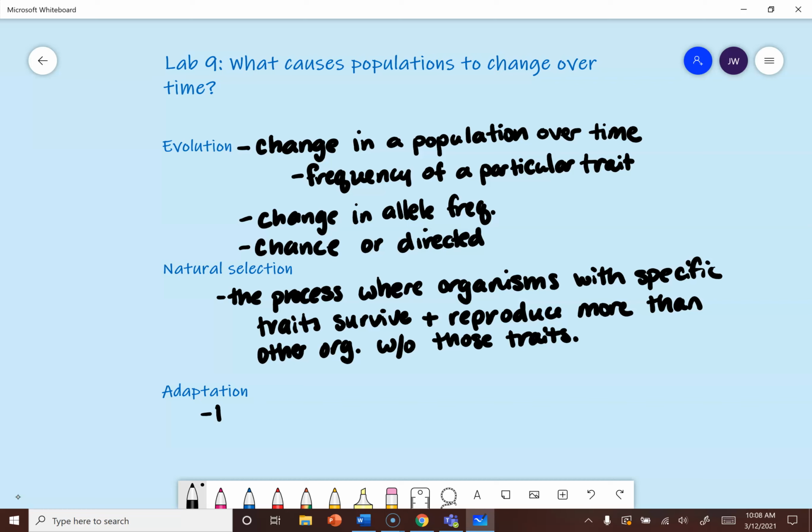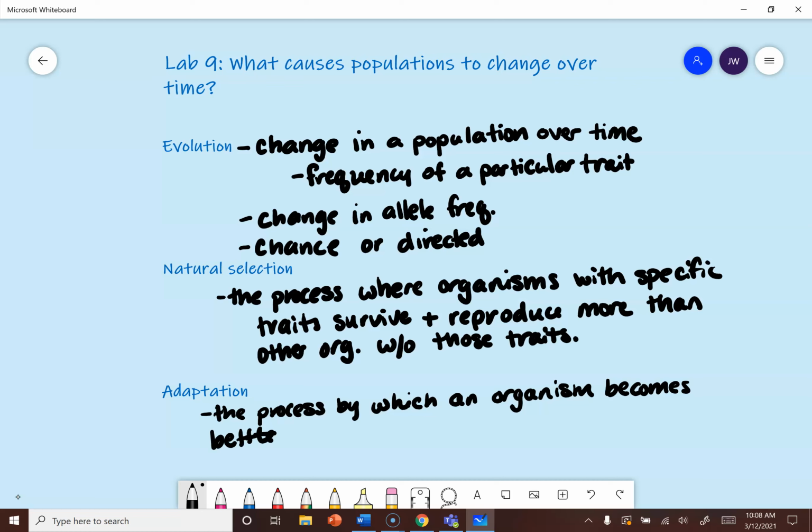Adaptation is the process by which an organism becomes better able to survive in their habitat.